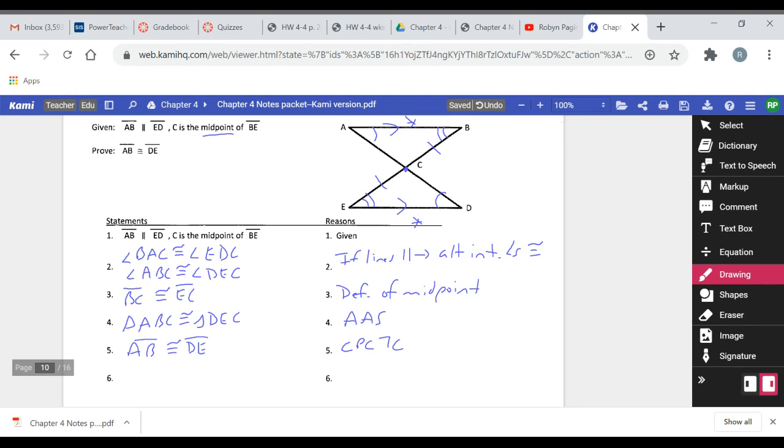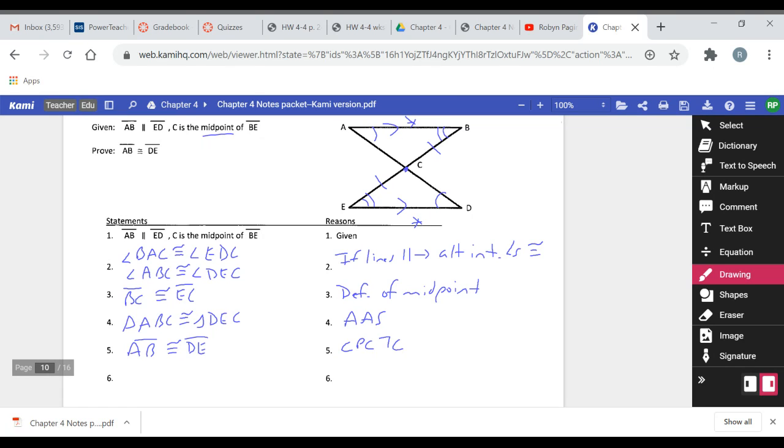Now, you might be thinking, well, why didn't she use the vertical angles? She could have used vertical angles, and that is true. You could also have used vertical angles in there, and that would have been fine. And had you chosen to use the vertical angles, then you could have proven the triangles congruent by angle, side, angle instead.